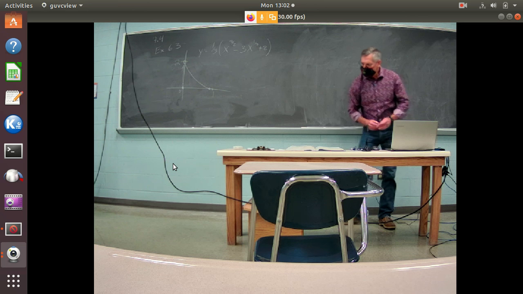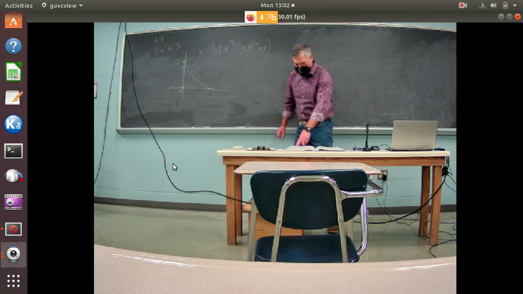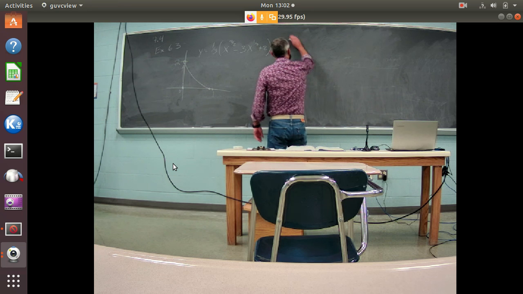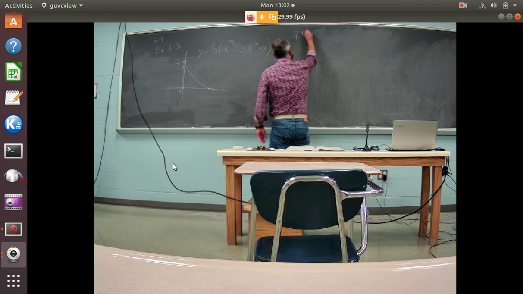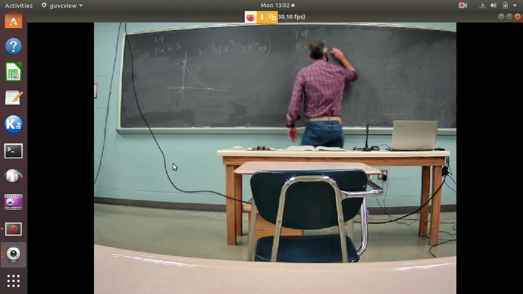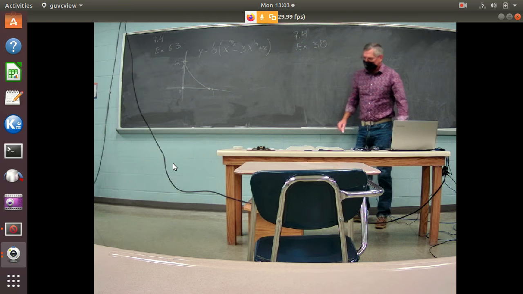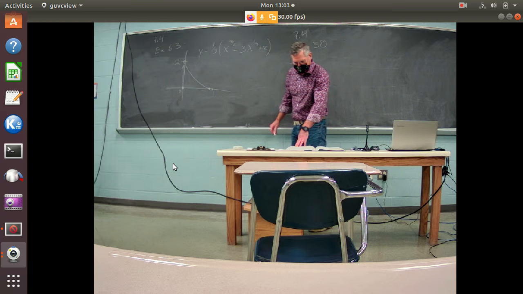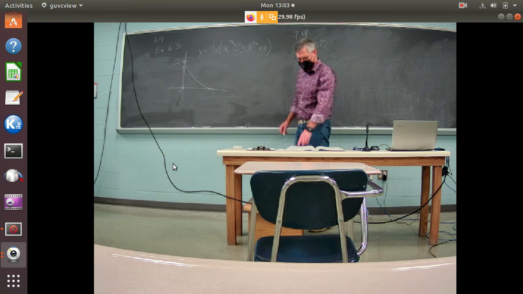All right, so I did want to point out exercise 30 from 7.4. And this one mentions in part C the Simpson's rule, but I said use midpoint instead.